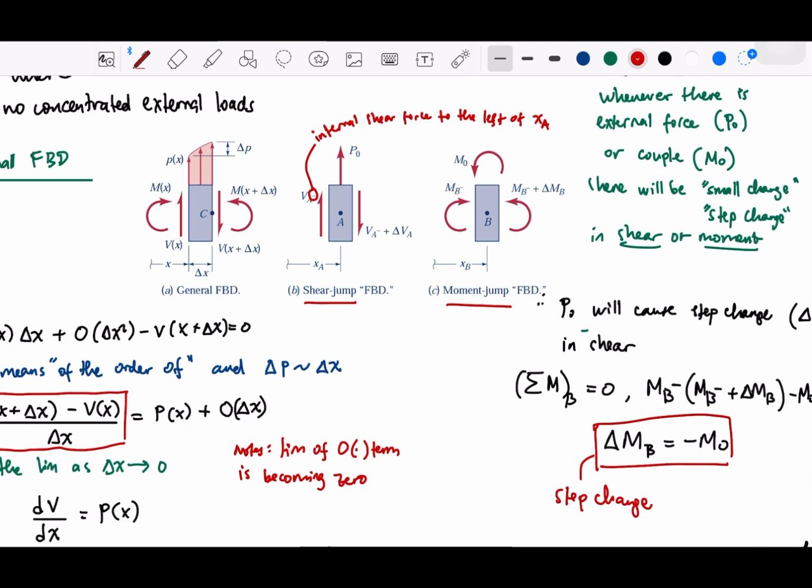Okay, we are taking the small element, and by looking at that, we see that every time we have an external force, like the P and M, if we analyze through the distance, we're going to see that if we imagine the shear force, maybe it starts from here. If we have the external force in y, it will be a jump. Okay.